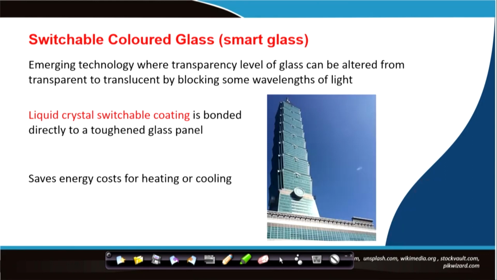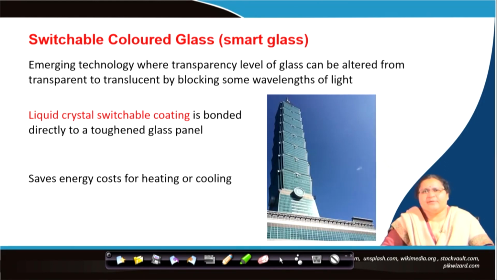Now you see this switchable colored glass application in the Taipei 101 building. Here the vast expanse of glass, as you can see, has this kind of coating which actually helps in saving a lot of energy by changing its allowance to the solar radiation inside the building.